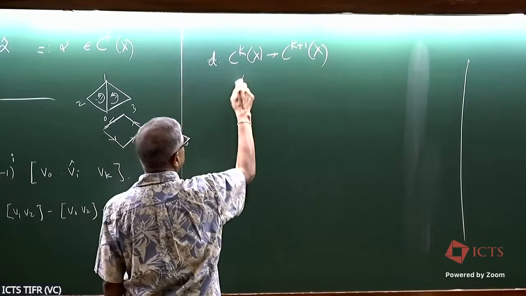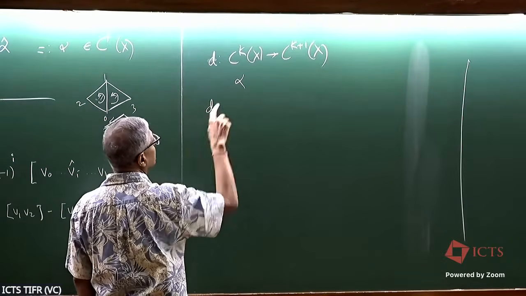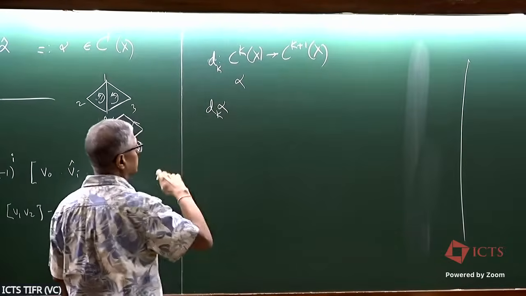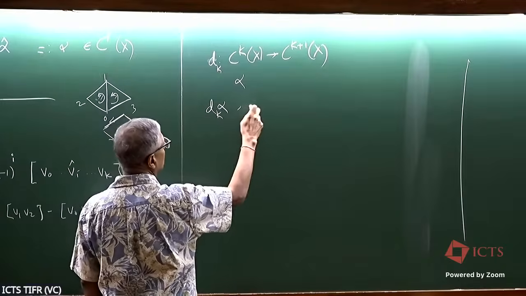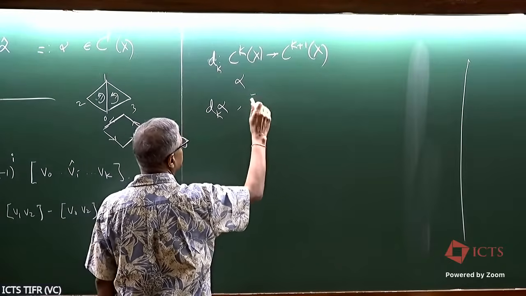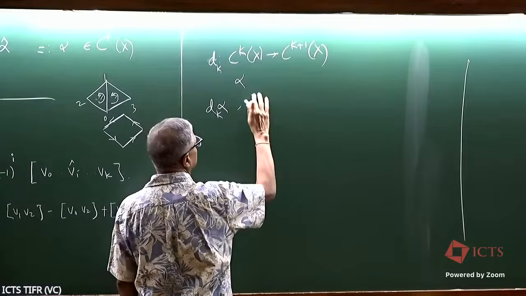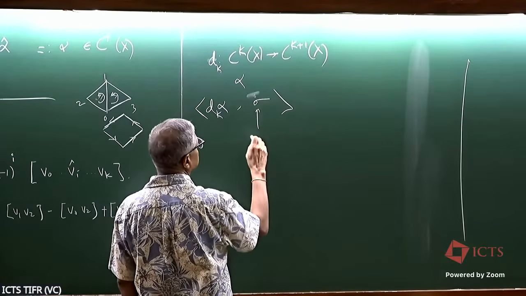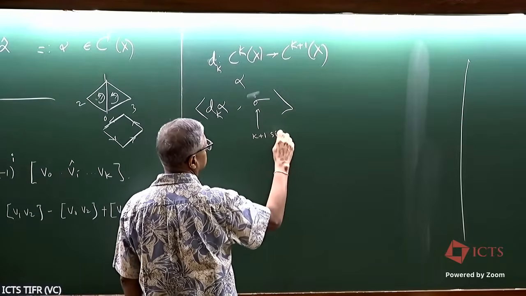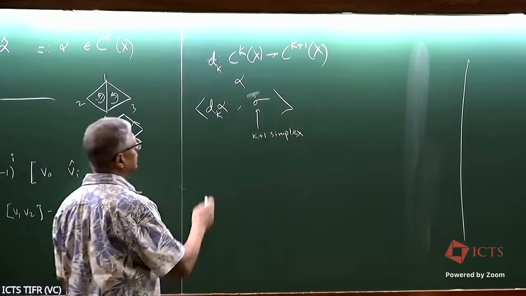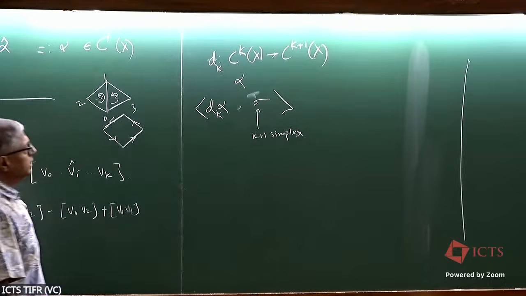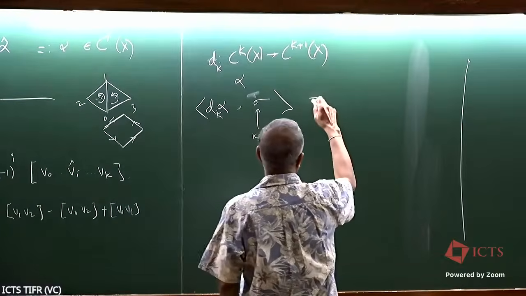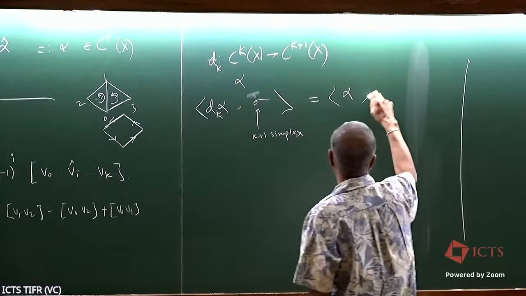And so if I have some alpha, which is a k co-chain, then the D of that, and you can give it an index because it's a whole family of operators, its value on a simplex, let's call it sigma, a k plus 1 simplex, is just defined to be the value of alpha on the boundary of this.